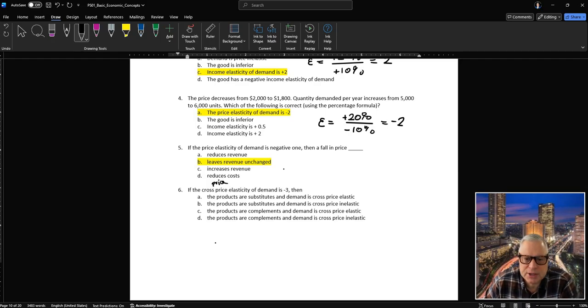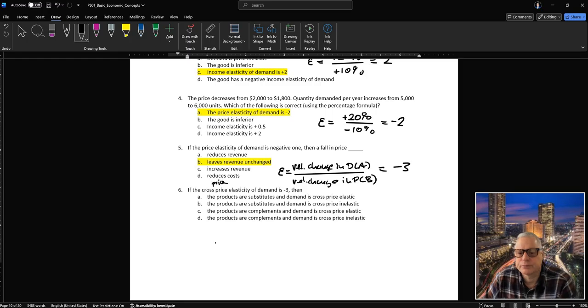The cross price elasticity is the relative change in demand of good A over a relative change in price of B. Okay, so that is -3.